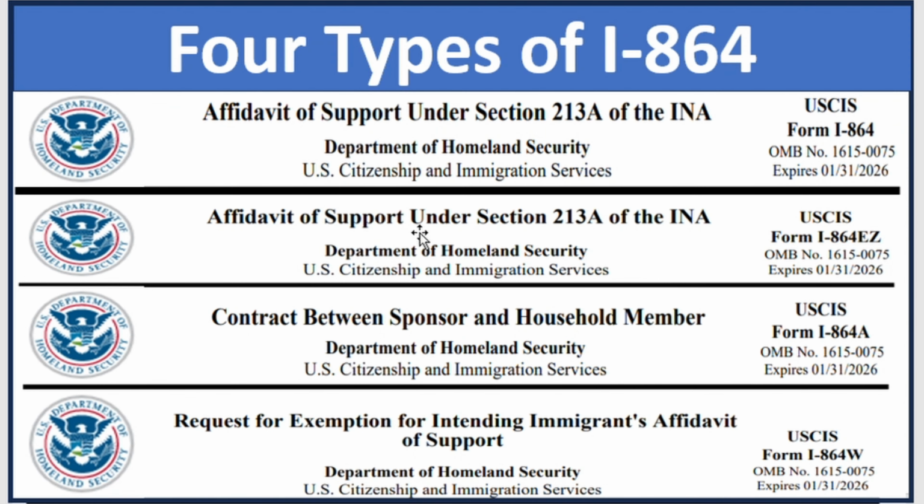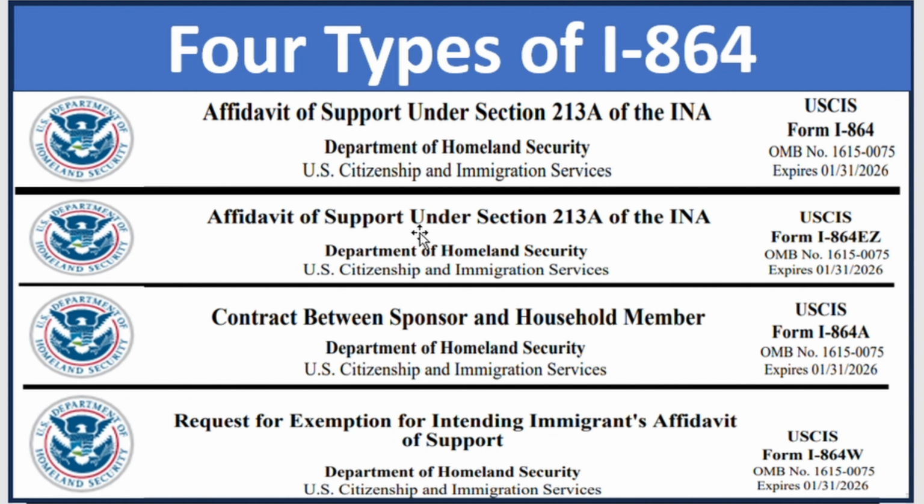For I-864 form, we have four of them. The first one is form I-864, which is the regular one, the full version, and we have form I-864EZ, which is a light version of I-864, and we have form I-864A, which is a contract between sponsor and household member, and the last one is I-864W, which is a request for exemption for intending immigrants' affidavit of support.